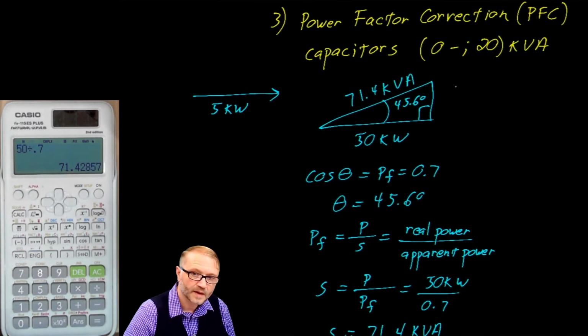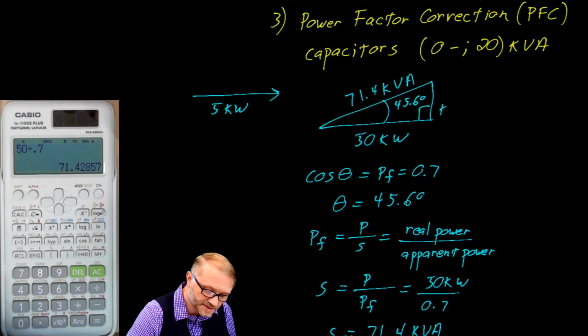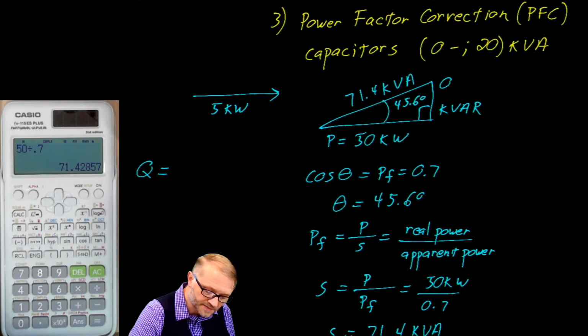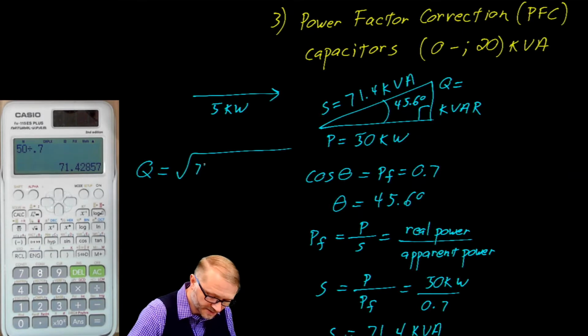And finally, we need to solve for the VARs. So volts, amps, reactive. We would say Q is equal to, by the way, remember this is power as P, this is VARs as Q, and this is apparent power as S. Q is equal to the root of 71.4 squared minus 50 squared.